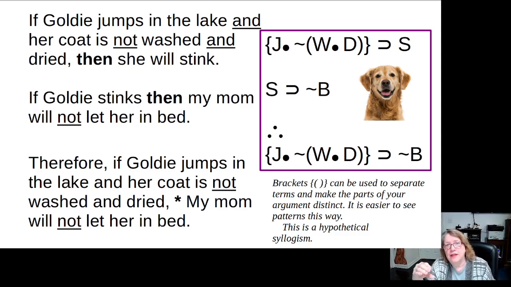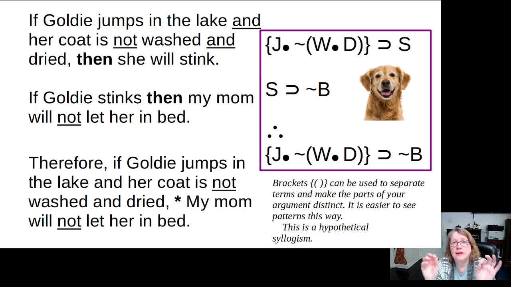Then the consequent is just S. Because this is a hypothetical syllogism, if P then Q, and then if Q then R, the consequent of the first line becomes the antecedent of the next line. If S, then not B. If she stinks, then she's not getting in bed with Mom.